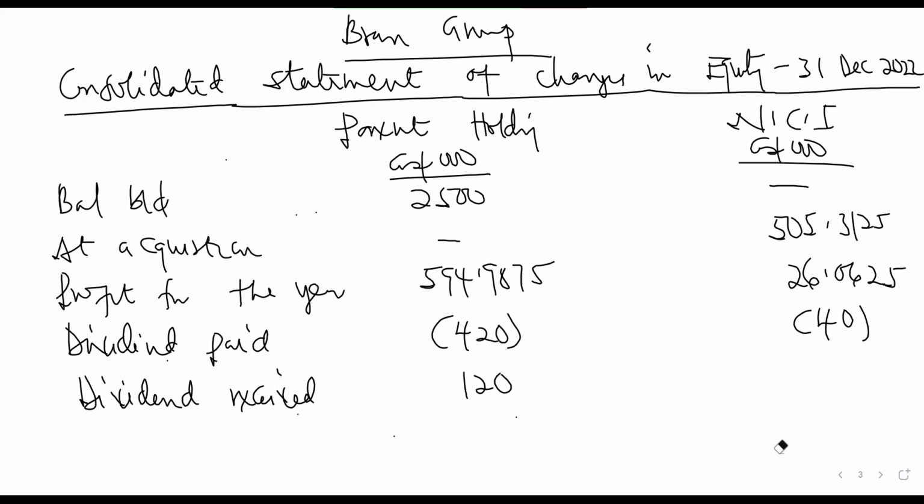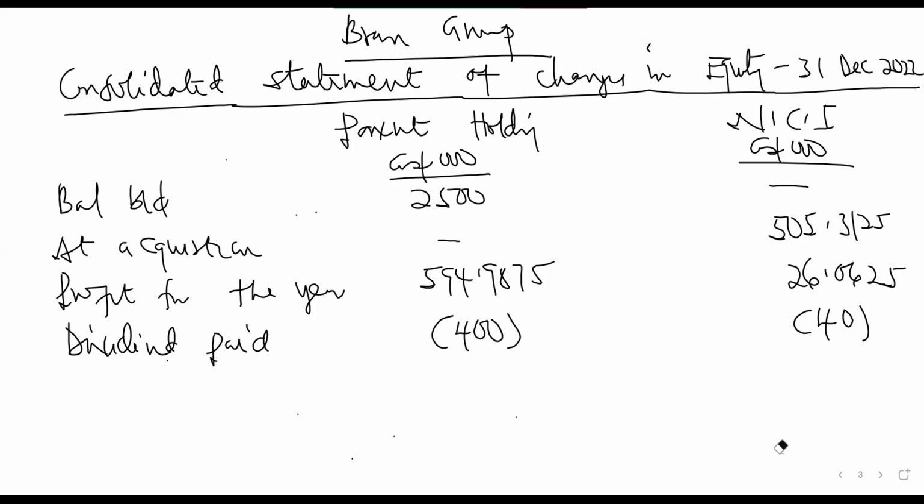But the parent will still receive this dividend as an income. So it will also come as an income. At the end of the day, we don't bring it at all, because it will be an outflow of 120, inflow of 120. So this is supposed not to be here in the first place. So you just put all the 400 here as the dividend paid by the parent itself, because the one that is being paid by the subsidiary will be an outflow, at the same time an inflow.